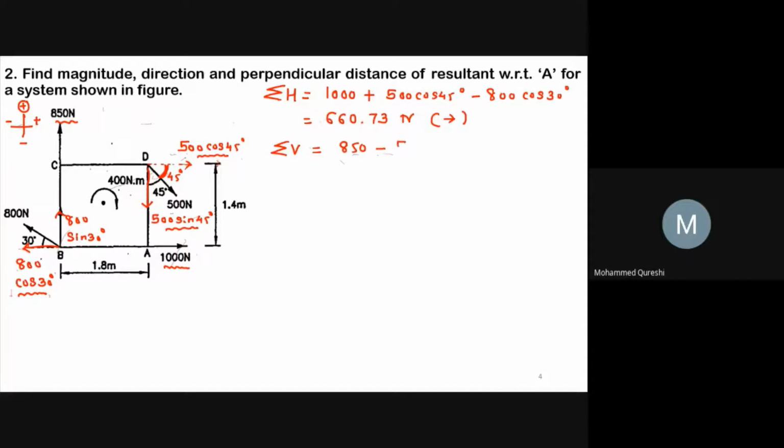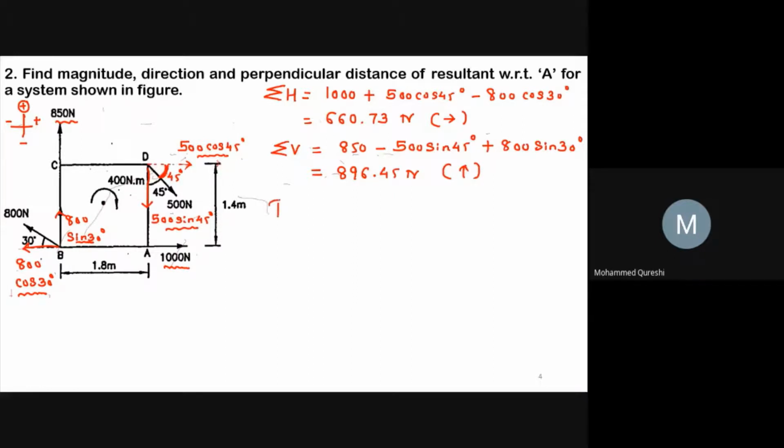So minus 500 sine 45 degree. And this 800 sine 30 degree is going upward. So plus 800 sine 30 degree. So after solving this, you will get the value of sigma v as 896.45 Newton. It is positive, hence I will denote by this notation.